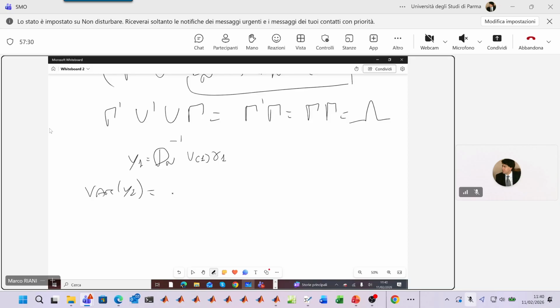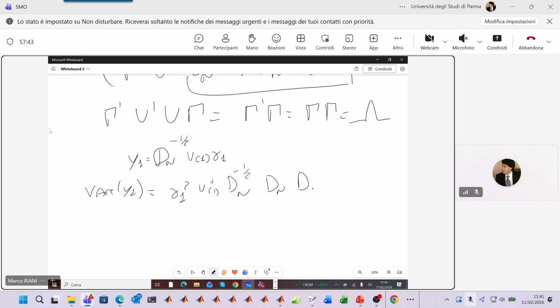and so, okay, gamma 1 squared U1 transpose D_r to the minus 1 half weighted D_r to the minus 1 half V1 gamma 1.